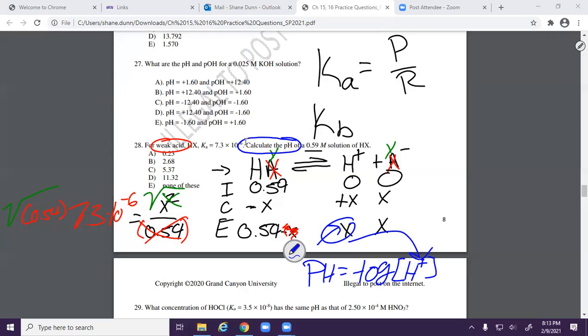Does that make sense? Chat, any questions? Or Zoomies, or whatever it has been called. So what do you guys get for X? Oh, still doing it, okay.